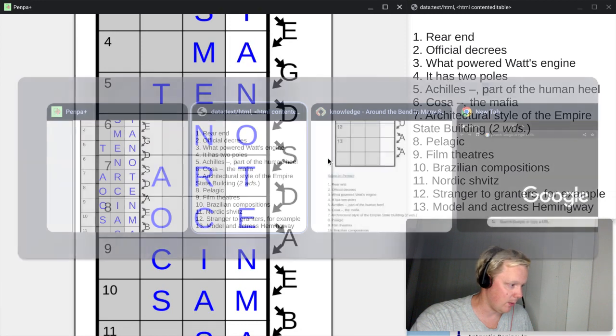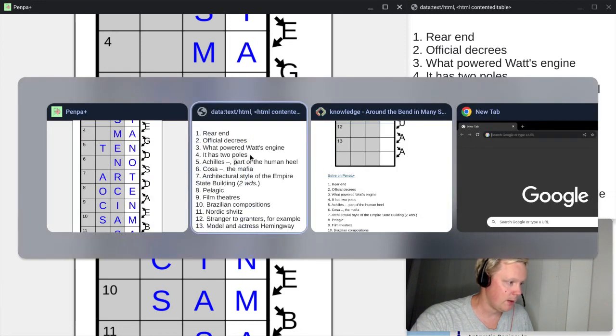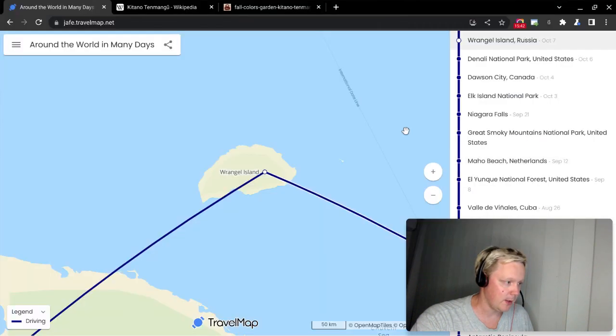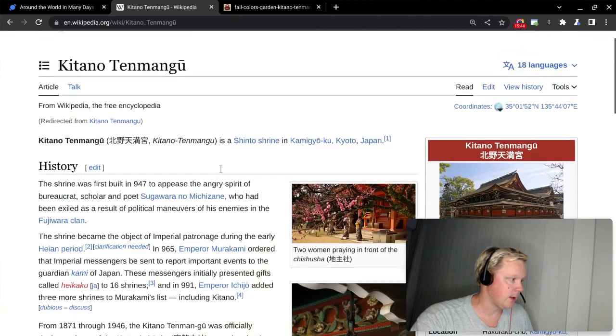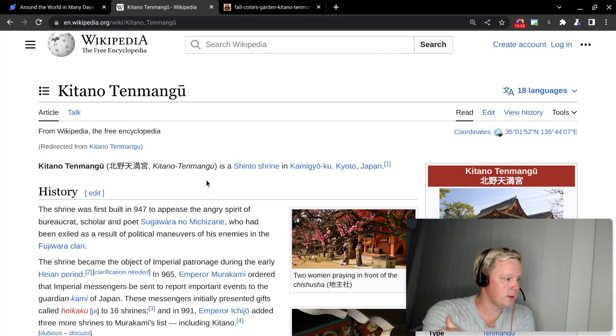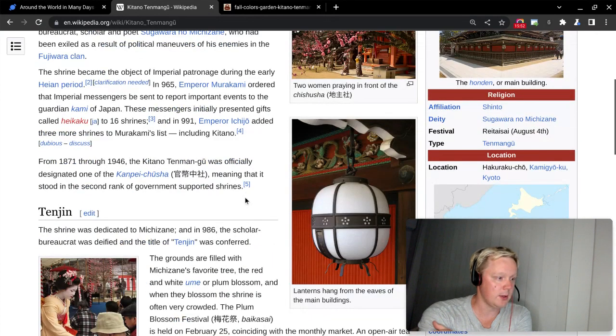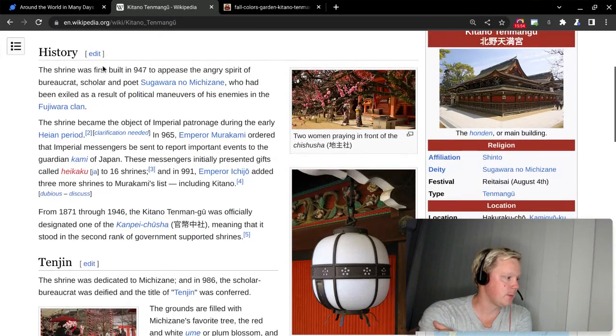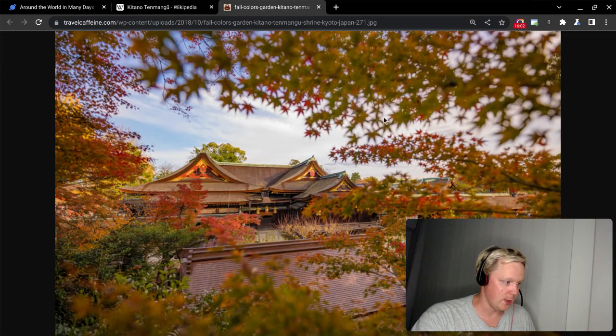So let's see where we are. If I can find it, here we are. Kitano Tenmangu, and we were looking for a 1,000-year-old religious site, and this is a shrine in Kyoto, Japan. First built in the 900s, and we can actually see what it looks like.